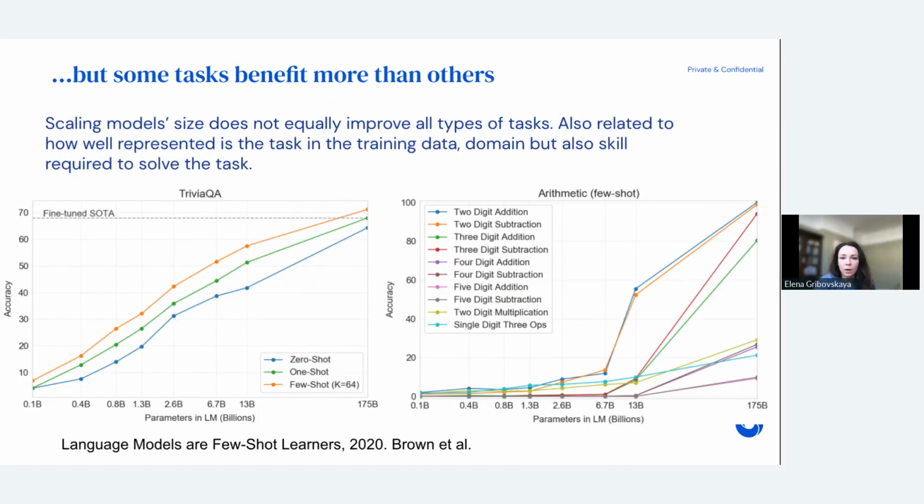However, on the right-hand side, you can see a chart which shows results for the basic arithmetic tasks. Here, interestingly, for instance, on the arithmetic tasks that require single-digit operations, but with 3 components, performance barely improves with size.